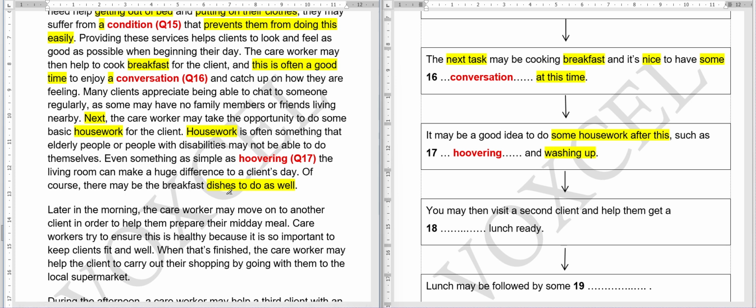So doing dishes just means washing up. Here it is written, your synonym. And the other thing is, you are simply hoovering the living room, making a huge difference. So what does hoovering mean? Cleaning by vacuum cleaner. If you are cleaning the living room with the help of a vacuum cleaner, you are hoovering around. All right.